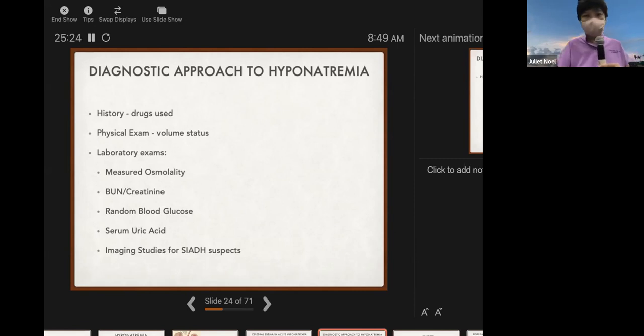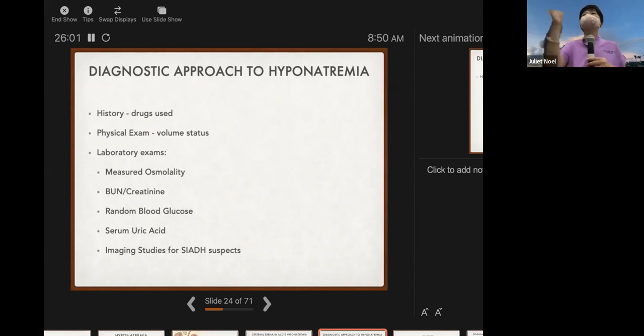Sorry, I think I did not put that. So it is the measured glucose. For example, it's 300 minus the upper limit of normal, which is 100. So 300 minus 100 equals 200. Then you divide the 200 by 100, then multiply it by 1.6. So 1.6 times 2 is 3.2.